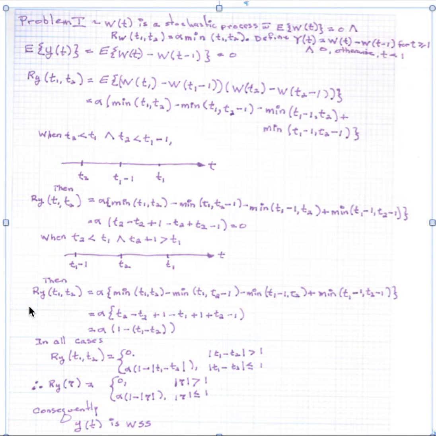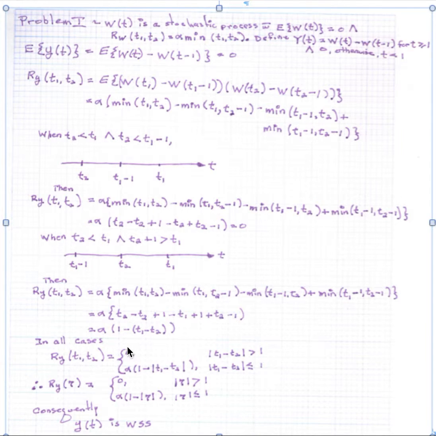Correspondingly, when we compute the autocorrelation for Y at T1, T2, you can see where alpha times the quantity min T1, T2, etc. And then the corresponding terms for min in regard to the points T1, T2, etc. are stated here. In this particular case, R_Y(T1, T2) is equal to alpha times 1 minus the quantity T1 minus T2. Okay.